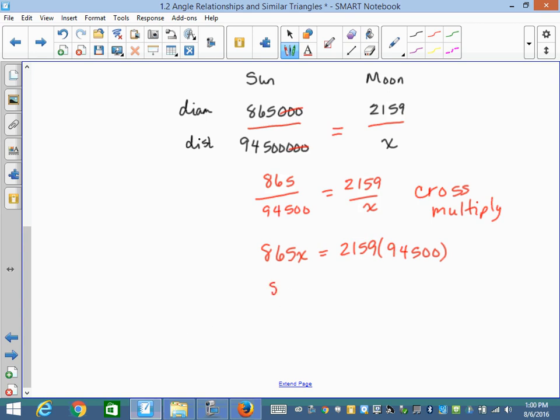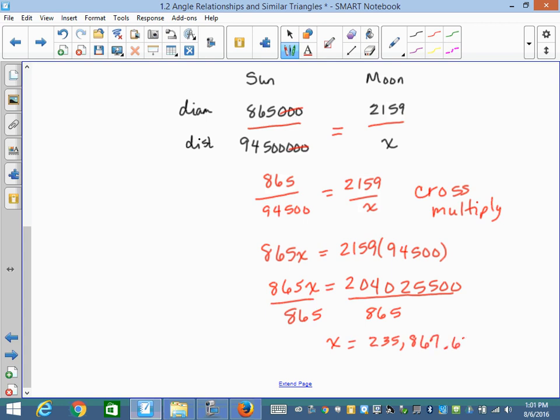So this gives us 865x equals 204,025,500. Divide by 865. So we get a value of x equals 235,867.6301 miles. Now let's go back to our question so that we can give it words.